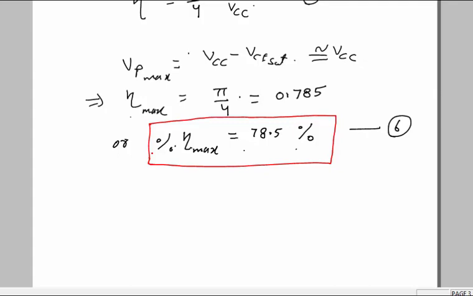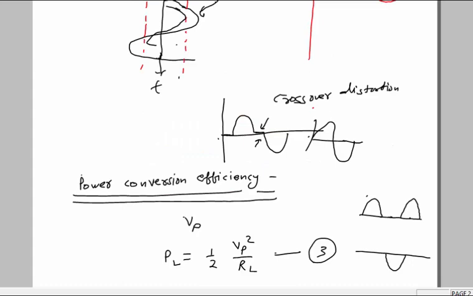Now here also we see that the maximum average power available from a class B output stage is obtained by substituting Vp equals Vcc in equation number 3, this PL we got. It means PL max we will get as half Vcc square by RL.